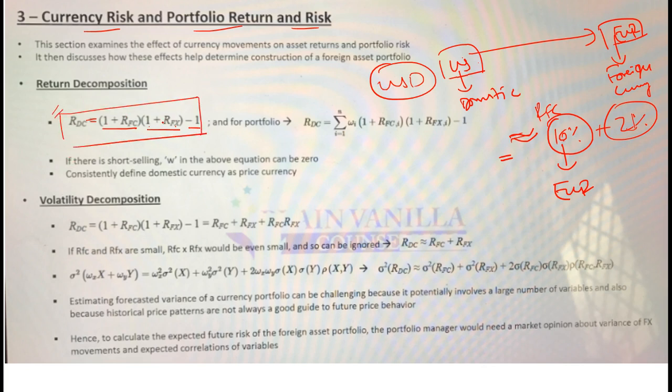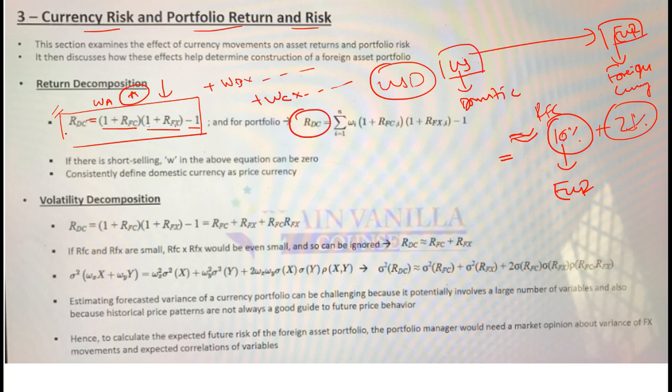And if this is a portfolio, then you will do it for the first security, let's say A, and multiply it by its weight. Then you do the same for the second security, multiply it by its weight. Then you do it for the third security and multiply it by its weight, and so on. You sum up all of these to come up with the total return in domestic currency.